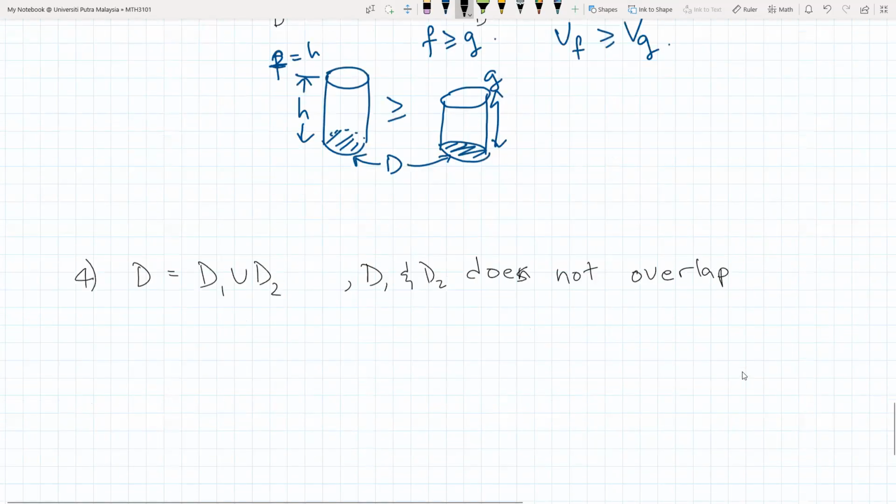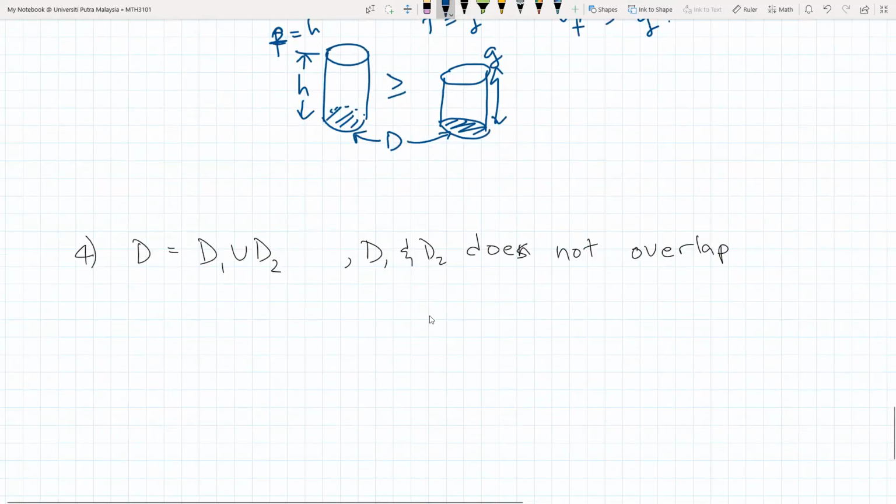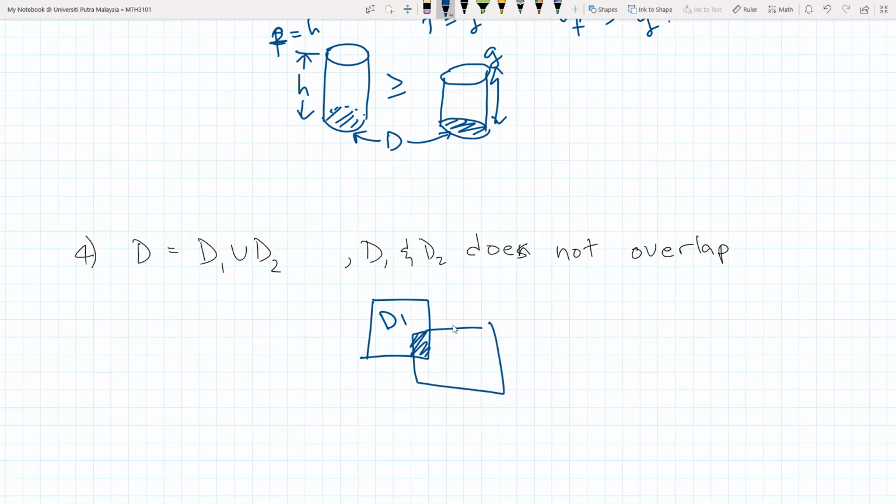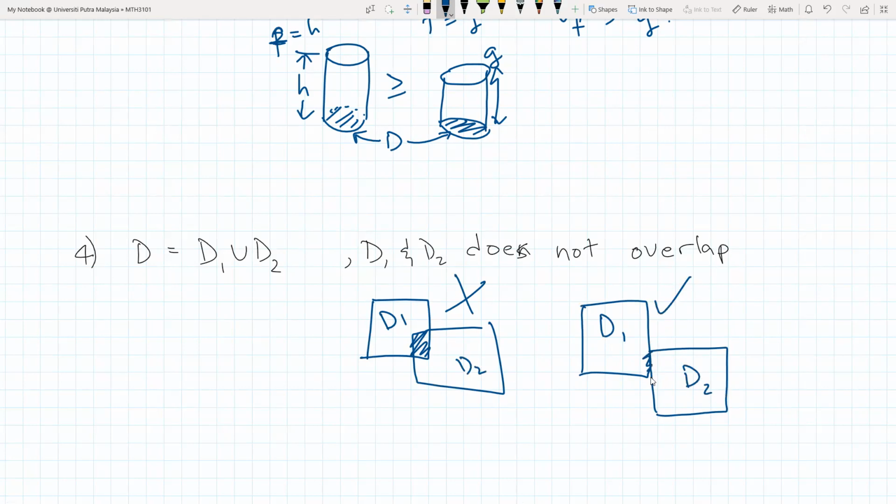Apa maksudnya? Contohnya kalau saya ada, let's say I have D1, this is D1, and then D2, yang ni overlap. Tapi kalau saya ada D1 like this, and then D2 like that, this is D1, this is D2. Okay, yang ni tak ada masalah. Sebab boundaries is okay.